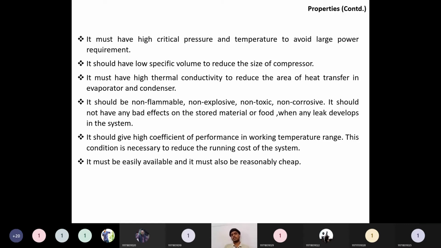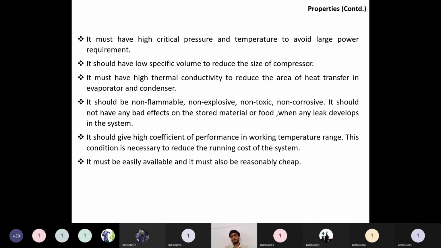Then non-corrosive. If it is corrosive, then inside that compressor, what happens? It will corrode the steel pot or whatever the construction material is. So it should be non-corrosive. It should not have any bad effects on the stored material or food when any leak develops in the system.